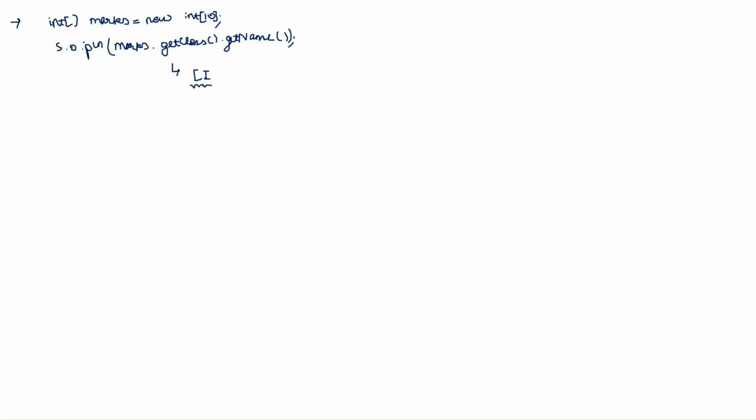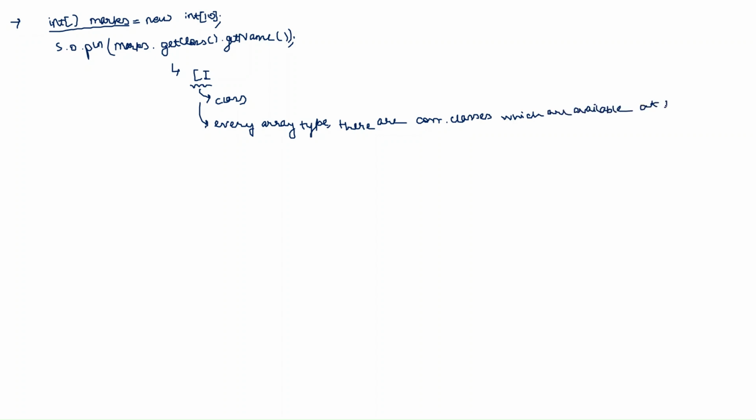It's because for an integer array, this is the class of the integer array, but you cannot view this class. You know why? Because for every array type, there is a corresponding class which is available at a language level.